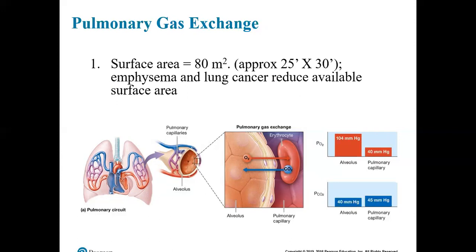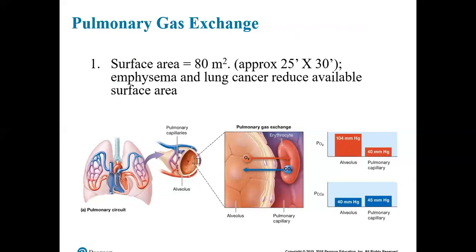You can think of a room that's about 25 by 30 feet. That is how much area you would have inside of your air sacs if you could add it all up. And so as long as you have plenty of surface area, you have plenty of room for gas exchange.